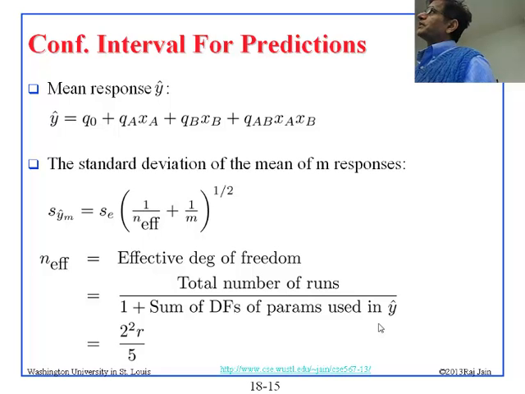So the mean of m responses will have this formula, where n effective is the effective degrees of freedom, which is the total number of runs divided by 1 plus the sum of degrees of freedom used in y hat.